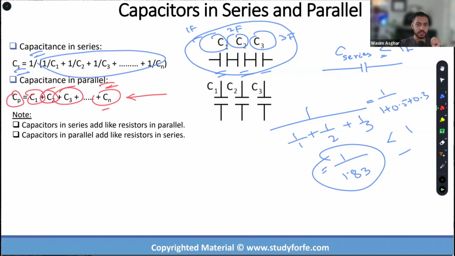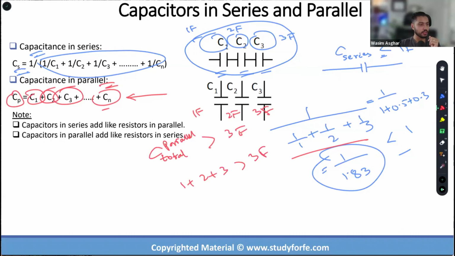Again, let's use this example. Let's say we have 1 farad, 2 farad, and 3 farad. I guarantee you that C total for parallel is going to be larger than the largest, which is 3F, right? Pretty simple, because 1 plus 2 plus 3 is definitely greater than 3.